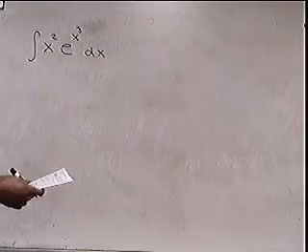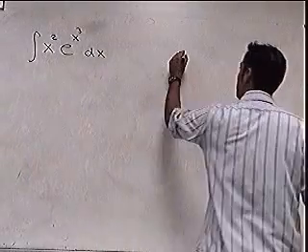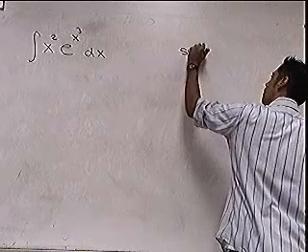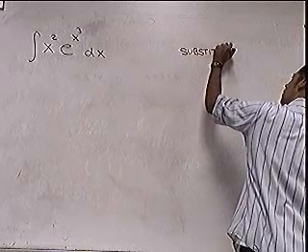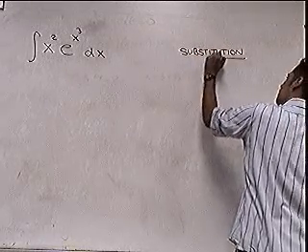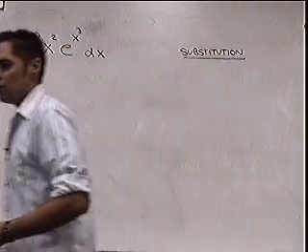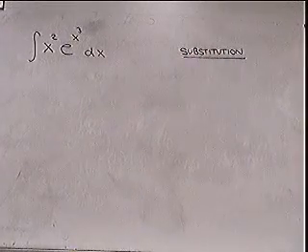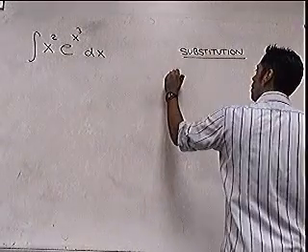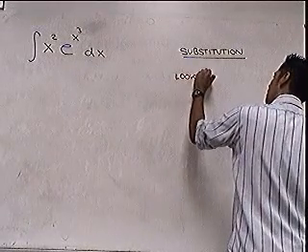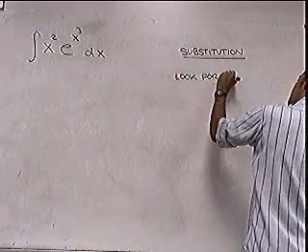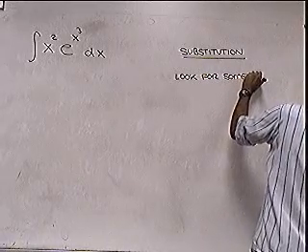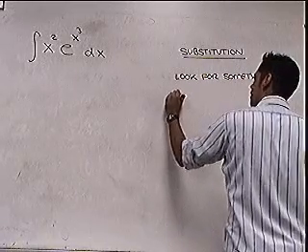So let's briefly talk about the things that are involved with substitution. With substitution, here's what we want to be paying attention to. Number one, we're looking for something and its derivative.